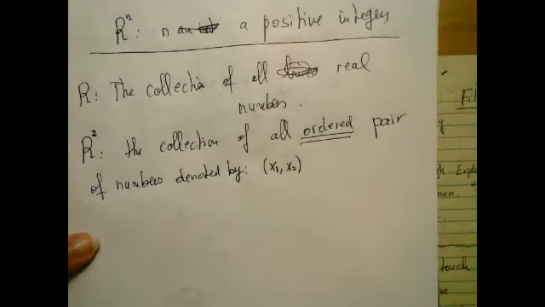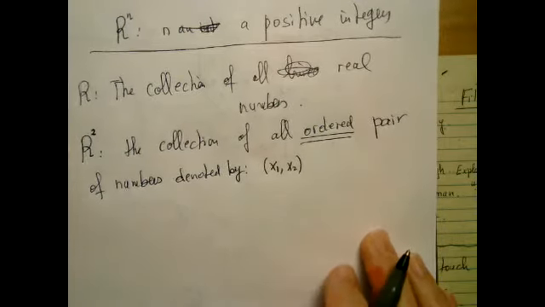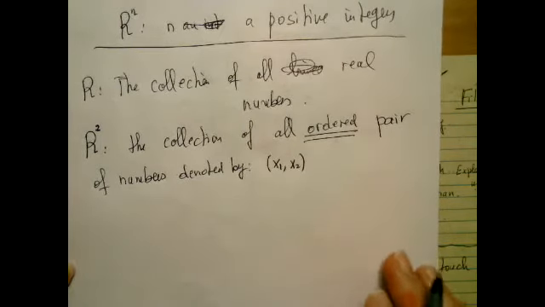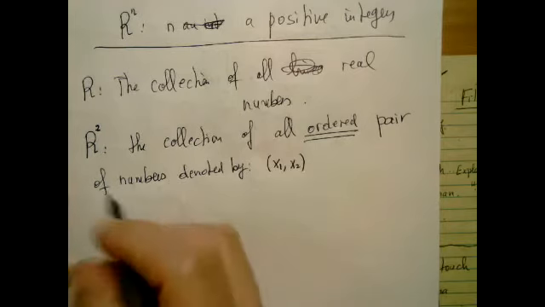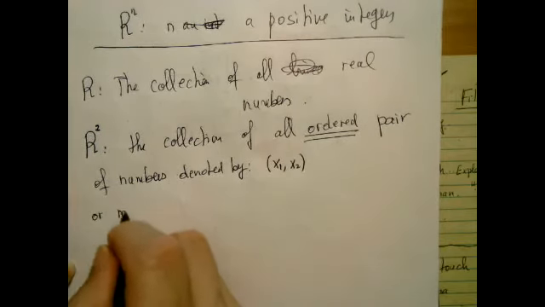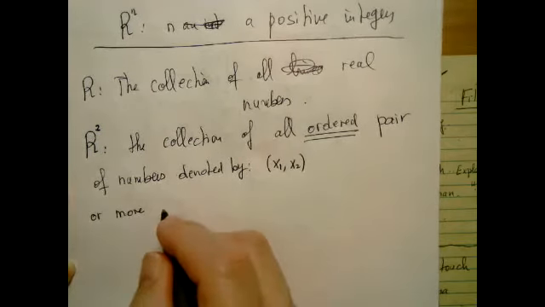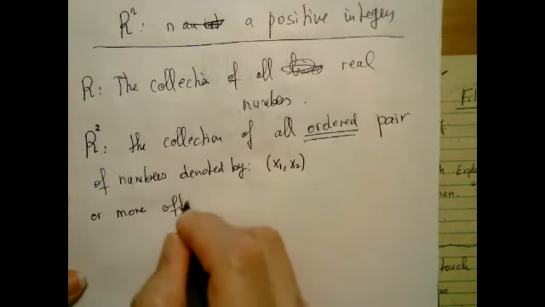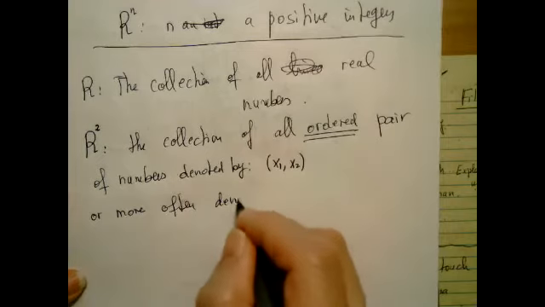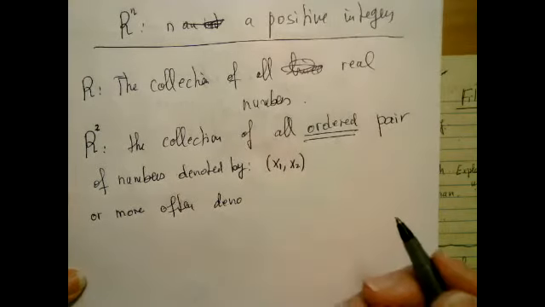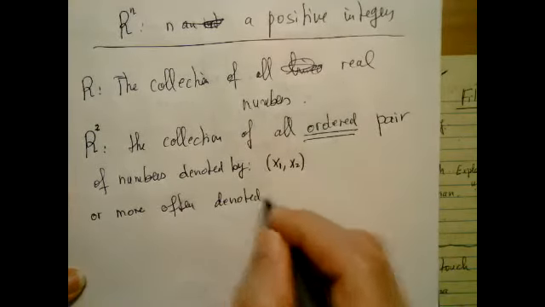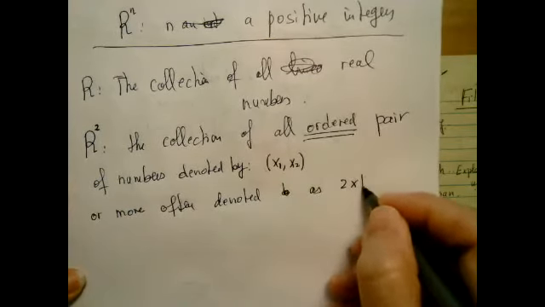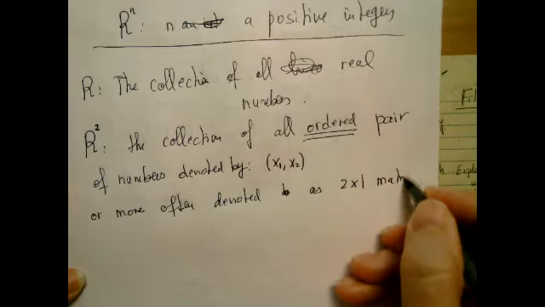However, there is another way we can denote an ordered pair that we will be using in this class more. We often denote them as a 2 by 1 matrix. Instead of putting brackets and a comma in between, we denote them as a 2 by 1 matrix.